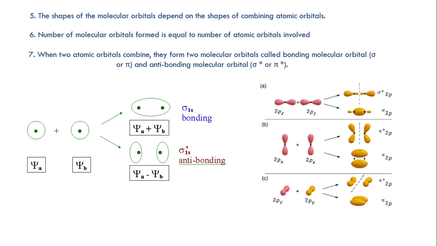One is the bonding molecular orbital, which may be sigma or pi, and the other is the anti-bonding molecular orbital, sigma star and pi star. Anti-bonding molecular orbitals always have higher energy and are represented with the star symbol, and bonding molecular orbitals are normally represented with the sigma or pi symbol only.